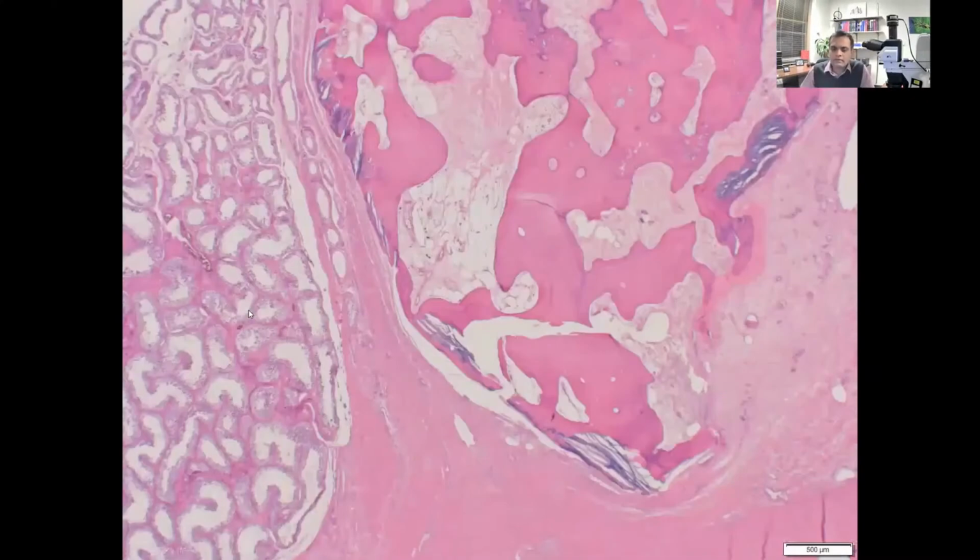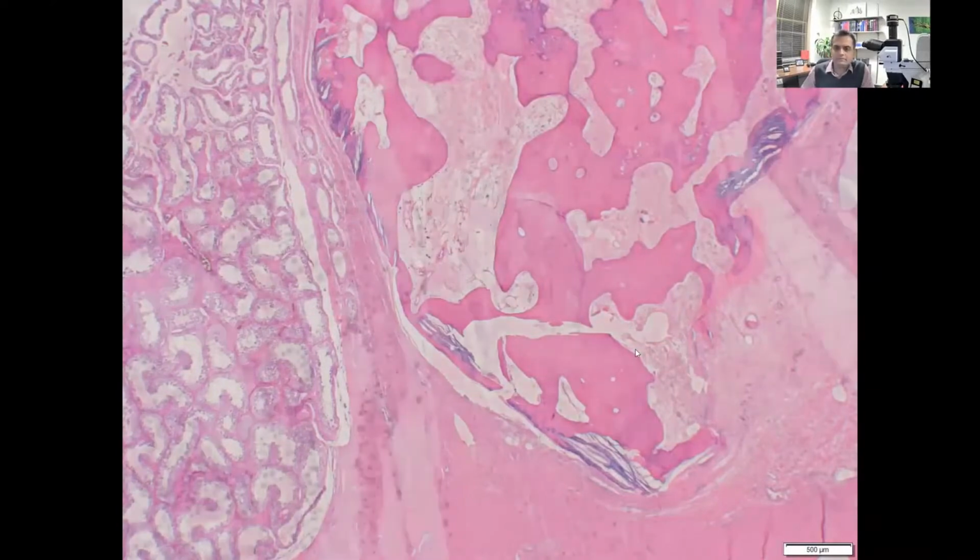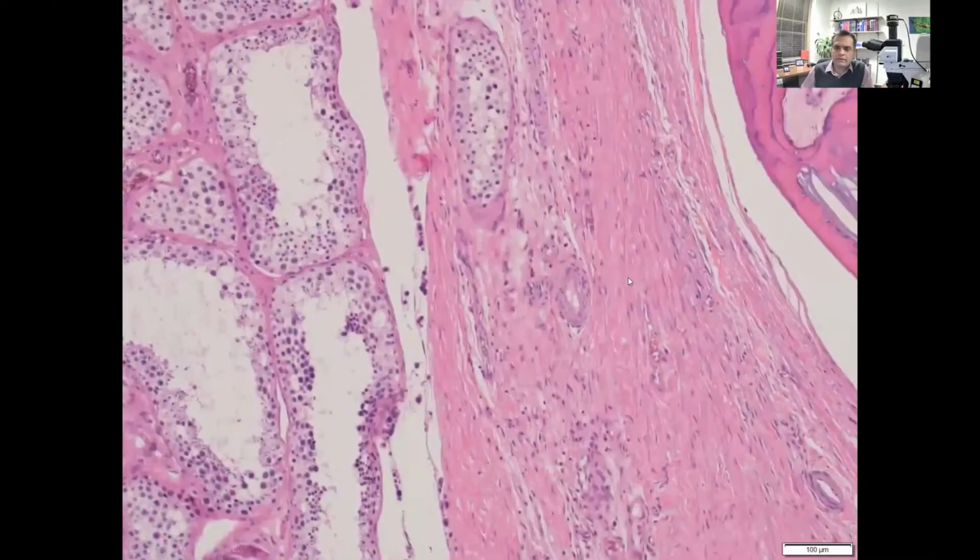So if you look at other areas of the tumor, the more whitish appearing areas, we find there is clearly evidence of mature bone formation, and then there are adjacent areas that have a little bit of scarring or fibrous change. And then again, if you look at the interface, you do see some normal seminiferous tubules.